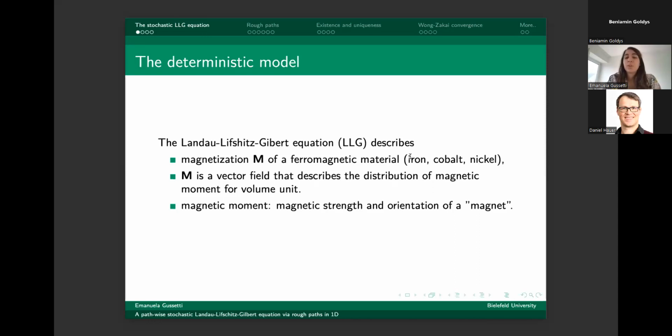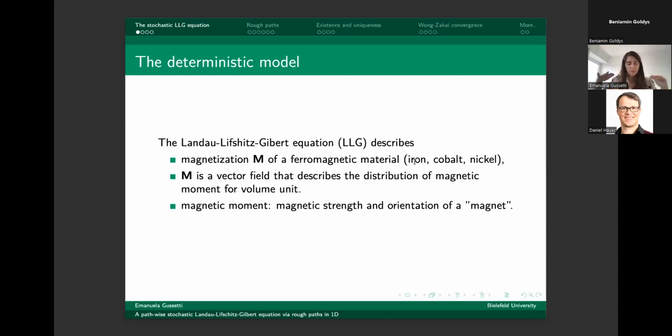We have to think of a ferromagnetic material, for instance, as a piece of iron that is divided into domains. In each domain, there is an orientation of the magnetization, and we see magnetic contributions at different levels: macroscopic, mesoscopic, and microscopic. At the macroscopic level, between these domains, there are different orientations, and so there is some exchange of energy.